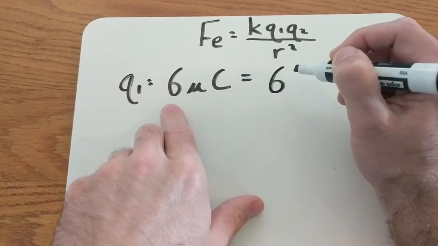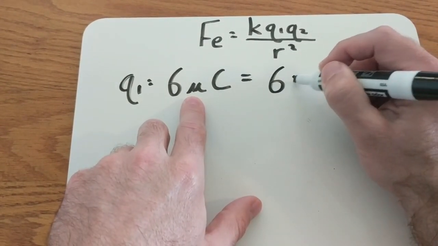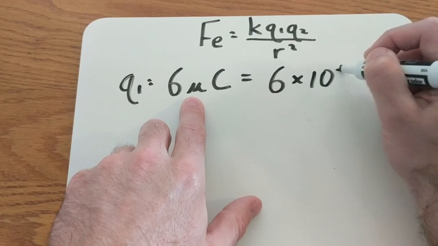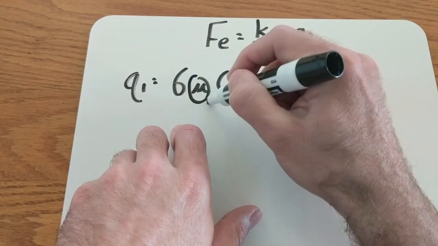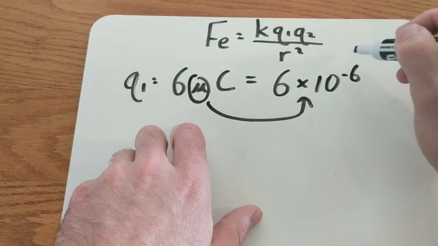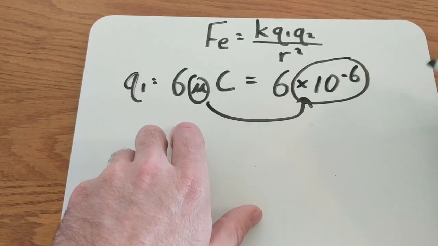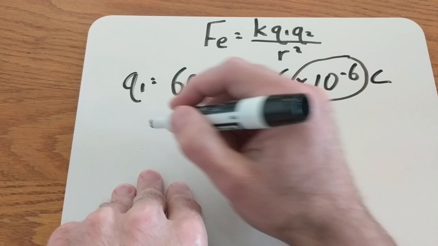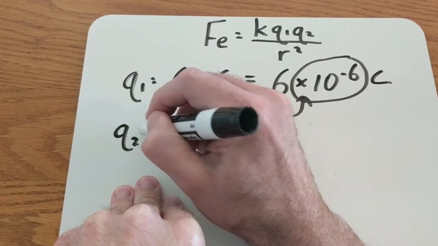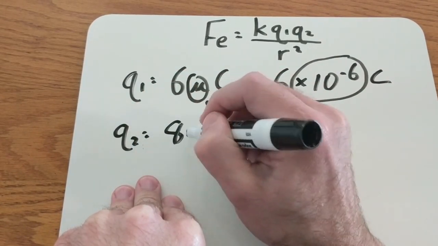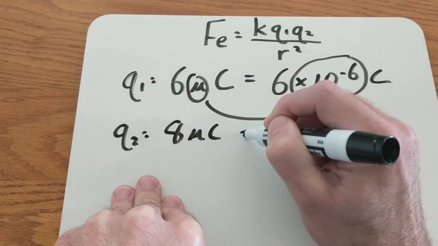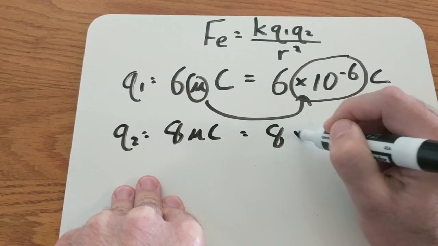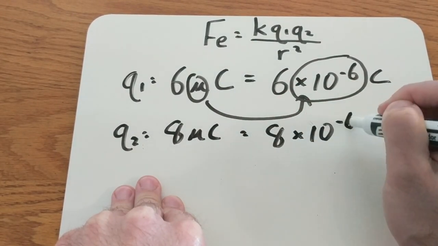You just write down our first one, and this micro literally just turns to times 10 to the negative 6. So this just literally gets written as that. And it's that simple. And then we just put our coulombs there. So there's our Q1, and therefore our Q2 is 8 microcoulomb, which just means 8, and the micro turns into times 10 to the negative 6.